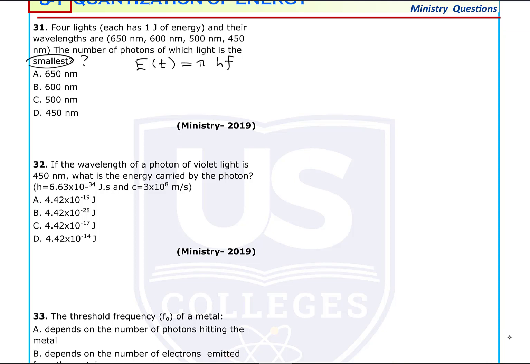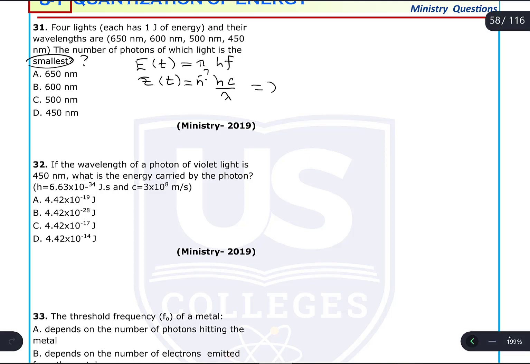So because we will compare the energy in terms of the wavelength, I have to write an equation in terms of wavelength. Total energy is going to be n times hc divided by lambda. So if I will calculate n, I have to take this hc over lambda to the left side. But we should flip it.